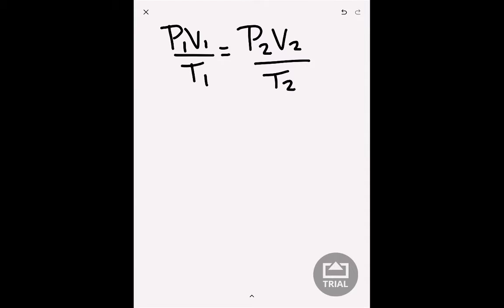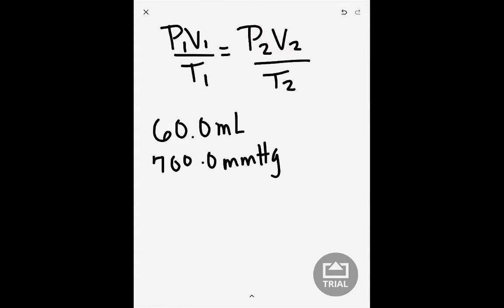Okay? And then it says that we have 60 milliliters, and we have 700 millimeters of mercury. The question is what volume would be produced at 760 millimeters of mercury.